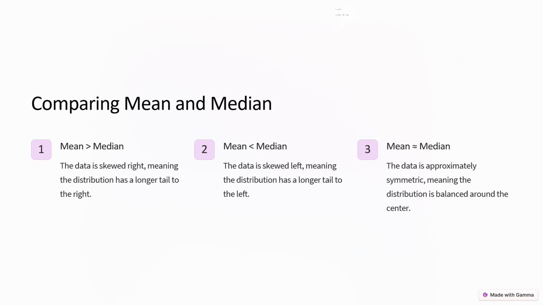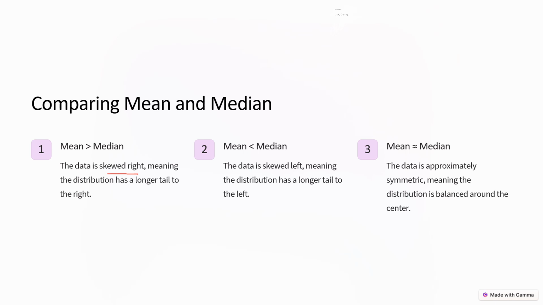And here we talk about comparing the mean and the median. This can be used to define the shape of the distribution. Anytime your mean is greater than the median, then you can confidently say that your data set is skewed to the right. In the previous class, we talked about skewness to the right, skew to the left, and symmetric.